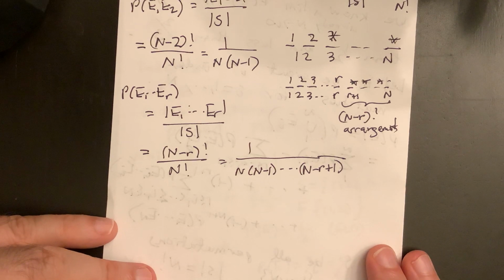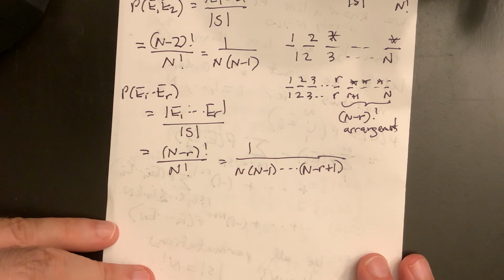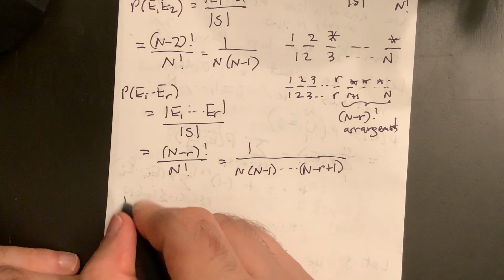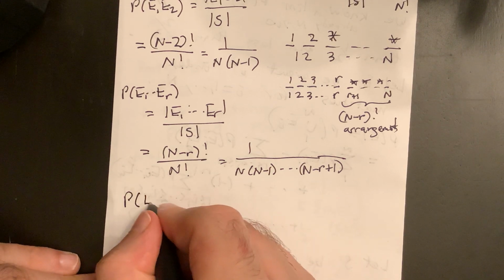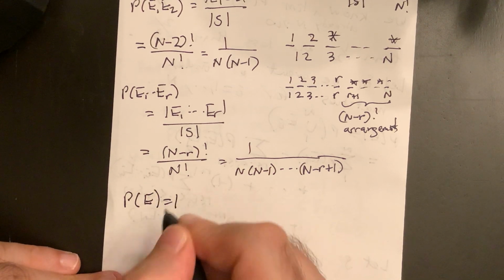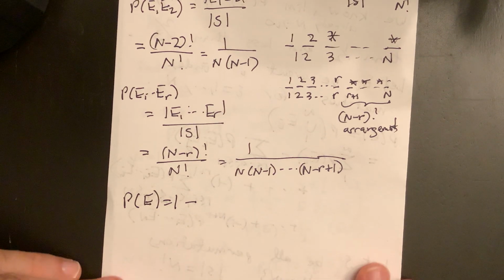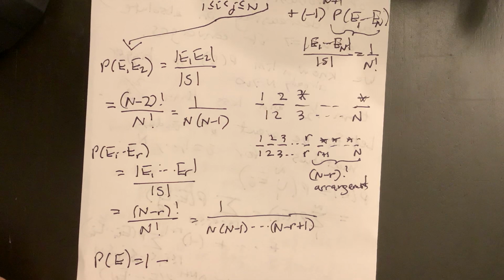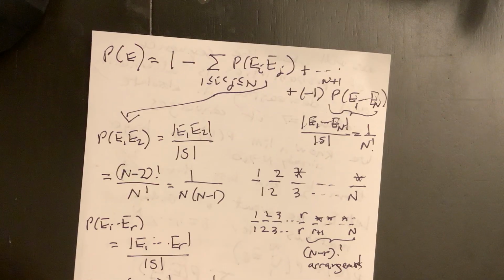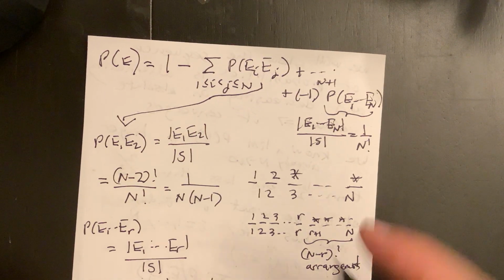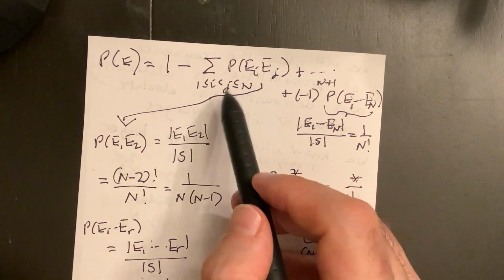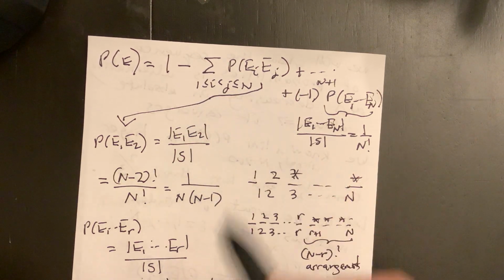Okay, I think we got them all. So P of E then is equal to 1 minus the doubles, right? So that's n minus 2 factorial over n factorial. And how many doubles are there? Well, out of all n of these possibilities from the n indices 1 through n, I'm choosing 2.